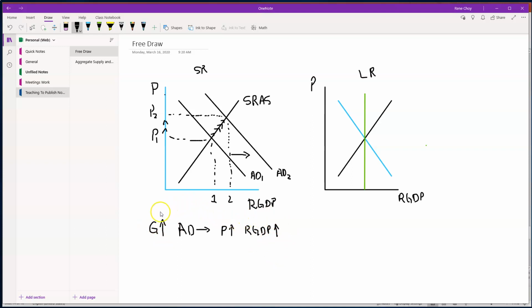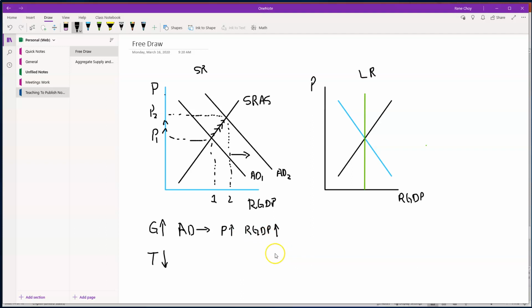Now, another thing that creates a similar effect to this is a decrease in the level of tax collection by the government, or what people call a tax cut. So a decrease in the level of taxes, we're using the letter T for taxes here, creates a very similar effect as what you see up here.